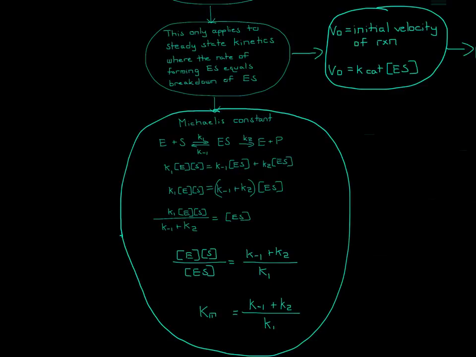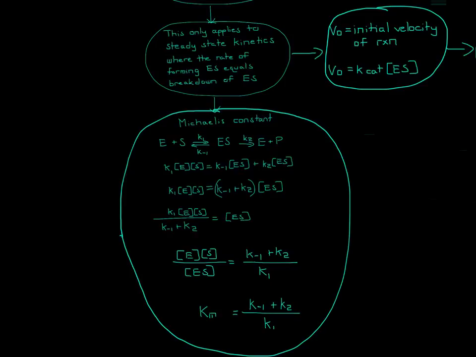Okay, so the first thing we're going to do is pull out ES, because it's present in both of these, and now we can just multiply it by K minus 1 plus K2. And then leave the left side alone, and divide both sides by K minus 1 plus K2. After that, we'll do 3 steps to get right here.